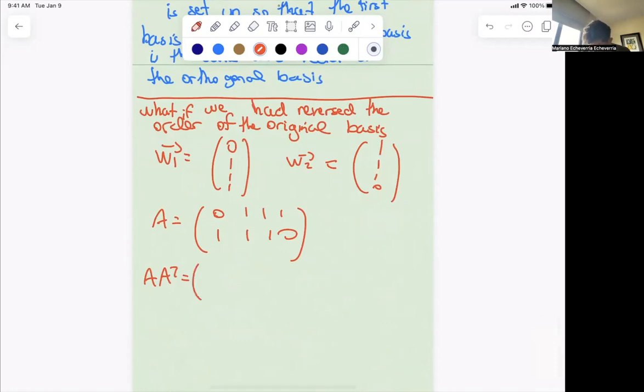Here, let's see. But even if this matrix is the same, you'll see that the result is not the same. Yeah, it is the same.